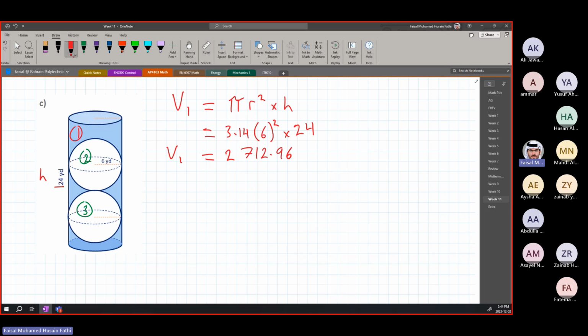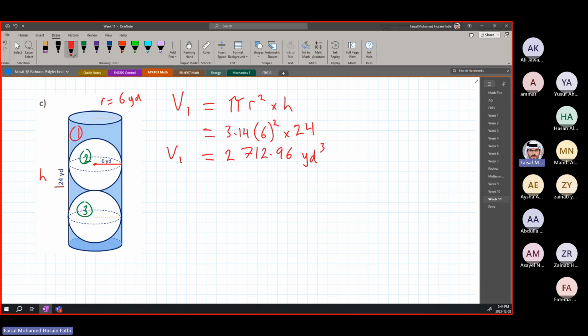Why did I say the radius here is equal to 6? Because it's given. The radius of the sphere is equal to the radius of the cylinder, obviously. So this radius over here is equal to 6 yards. So the volume is going to be this yards cubed.